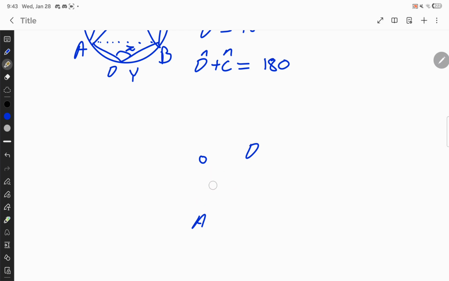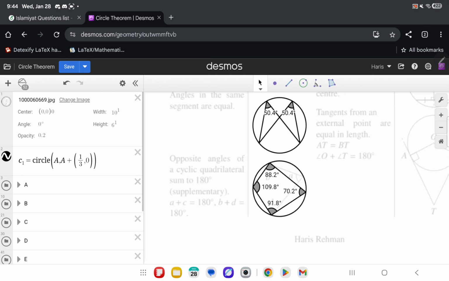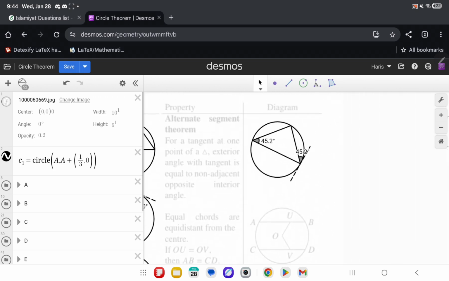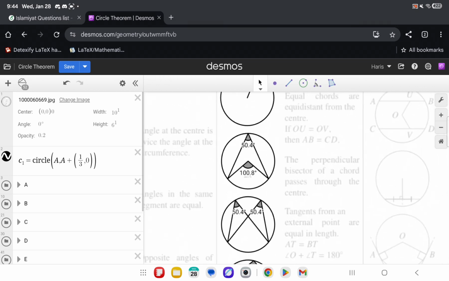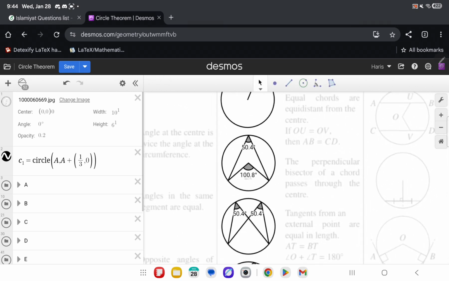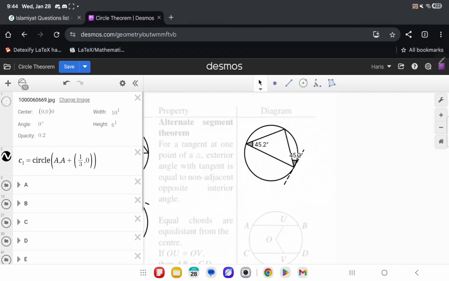So that's one thing to keep in mind. It'll be like a trapezium, a kite, a rhombus, a square, a rectangle, but it will not be like this dart shape, you know, arrowhead.